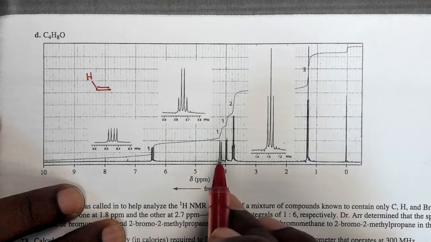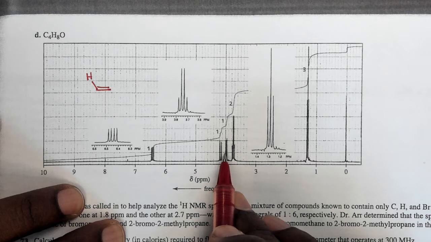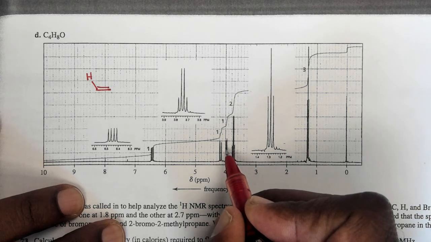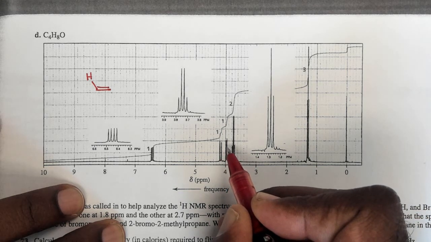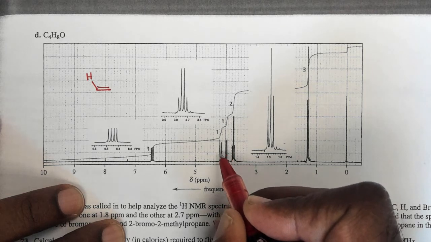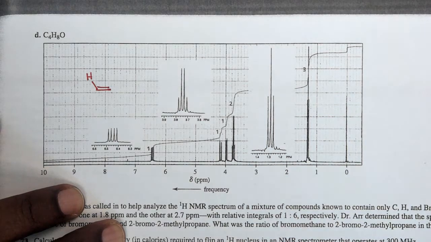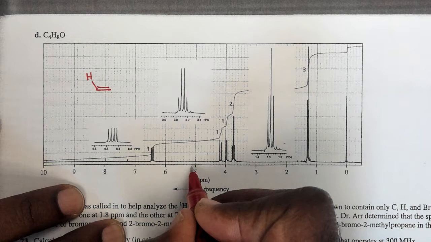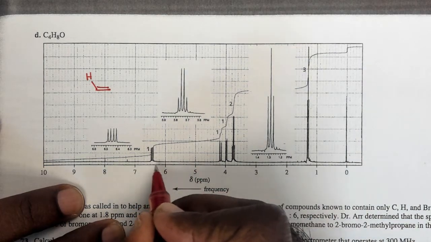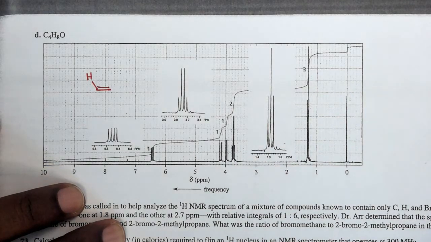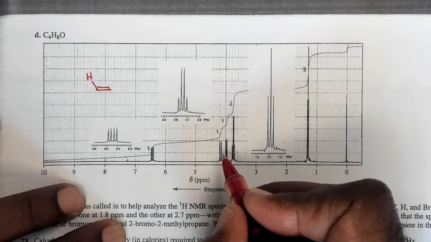If I look at the spectrum, this region where I find this doublet and this other doublet, you can probably see that that coupling constant is slightly larger than that, and remember I told you about 8 Hertz and 16 Hertz, so this proton is probably a trans proton, that's probably a cis proton, but this doesn't really lie between 5 and 6.5 where I normally get my double bonds. So this is a bit more shielded than usual, but let's leave that aside for now.